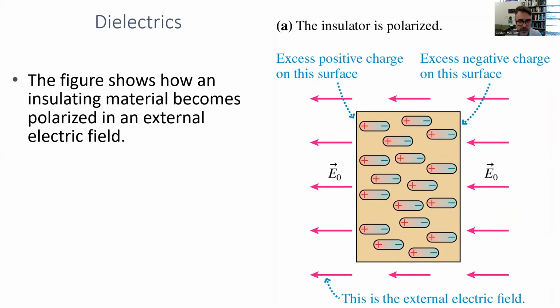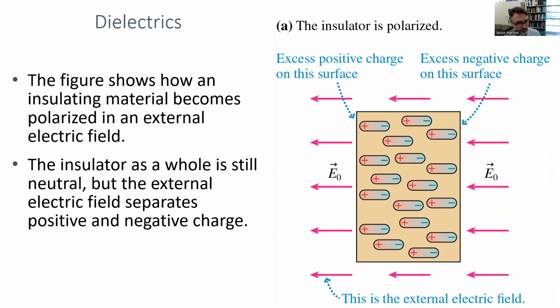It doesn't move them around, but the external electric field separates the positive and negative charge, in the sense that all the pluses shift a little to the left here, and all the minuses shift a little to the right. And what you end up with is a central neutral region. If you look at all these, there are counterparts, and then kind of a surface of positive charge on this side and a surface of negative charge on this side.